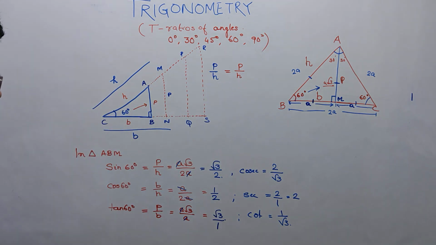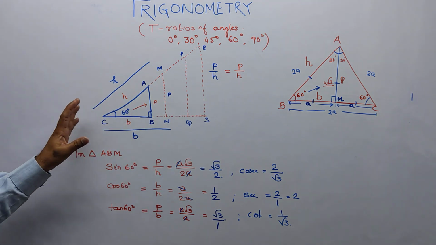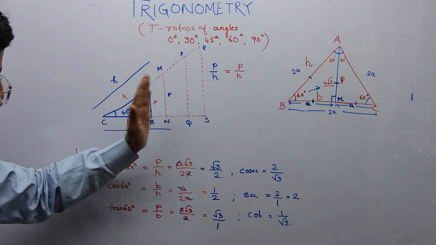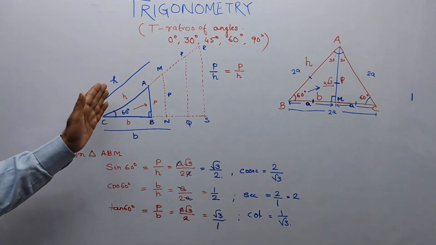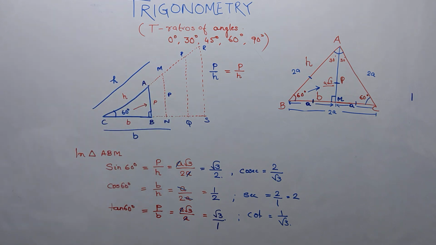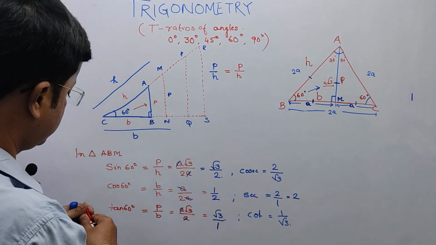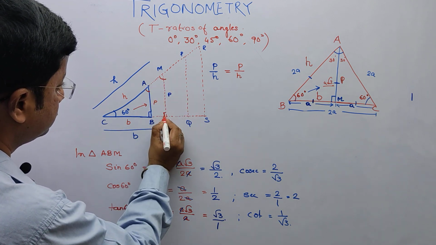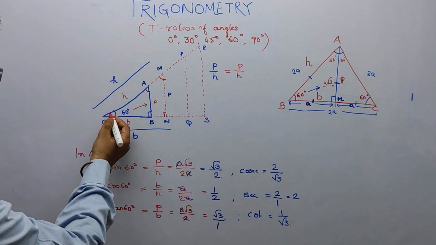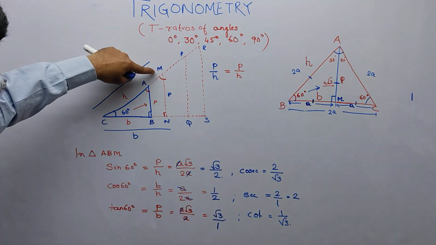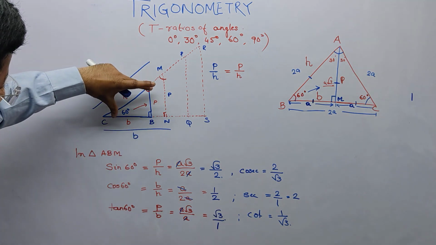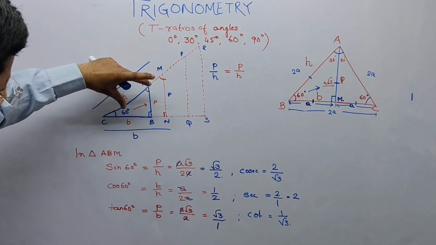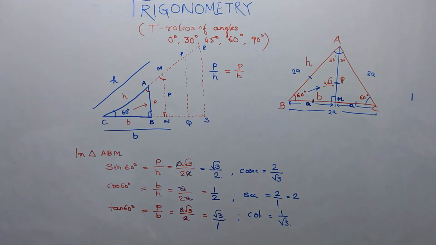Now what is the proof? What is the proof that we can say that both the ratios are equal? Now if you see these two triangles, then we can see these angles are equal, and the third angle is also equal. So you can see triangle ACB, this is smaller triangle and this is bigger triangle, are similar triangles, right?